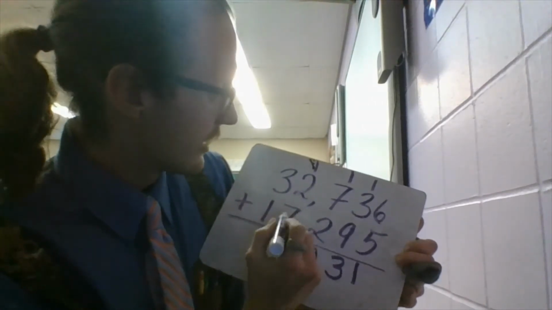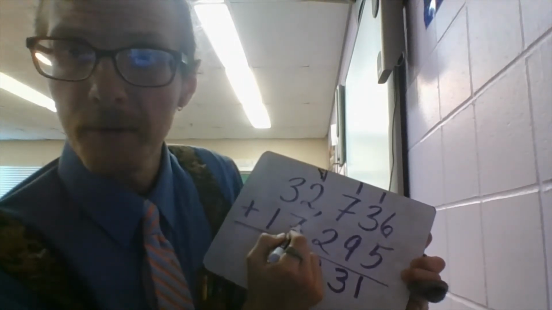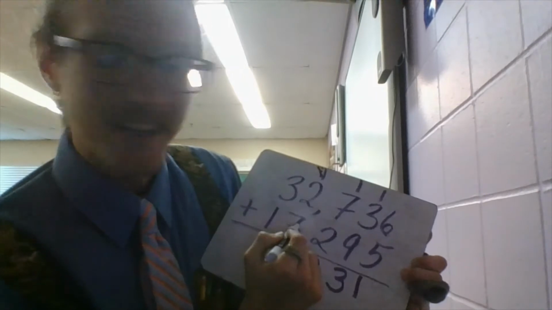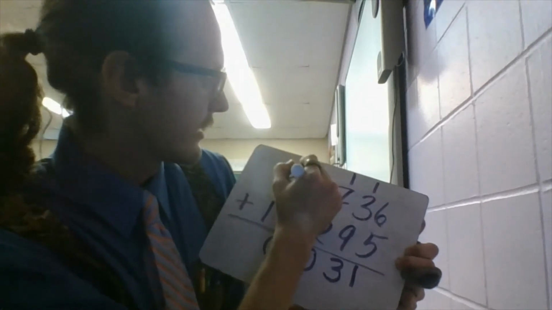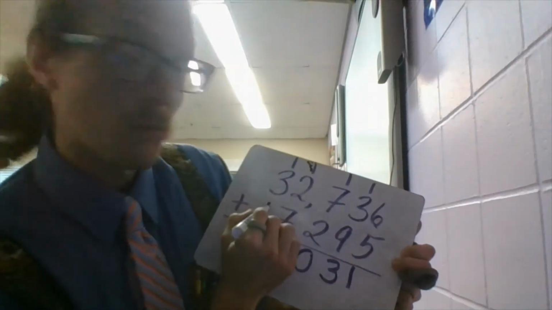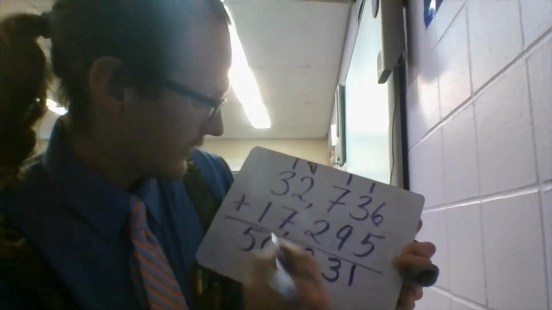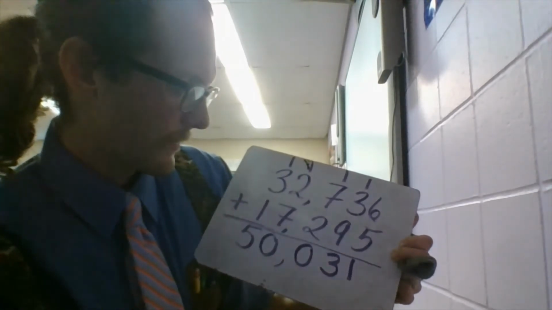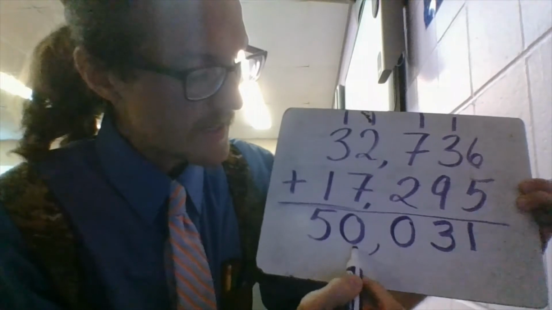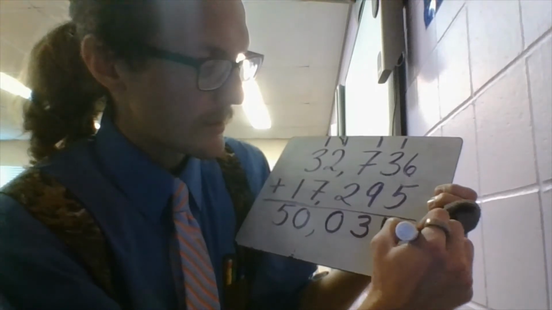Uh-oh, this looks familiar. 2 plus 7 is like saying 7 plus 2. 2 plus 7 is 9. Plus 1 is 10. The 0 down there, the 1 up here. 3 plus 1 is 4. Plus 1 is 5. Don't forget your comma. So how many bus tickets were sold over the entire weekend? 50,031 tickets.